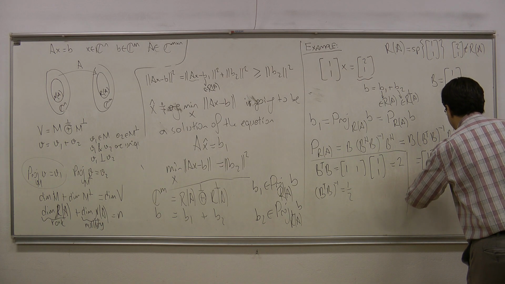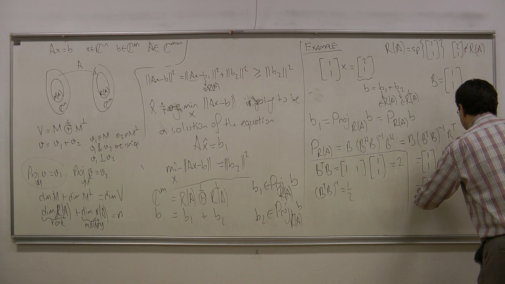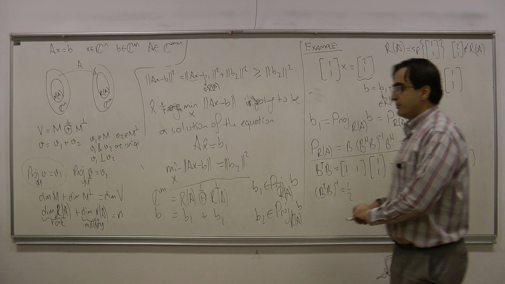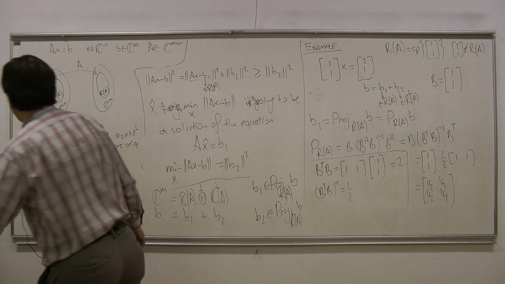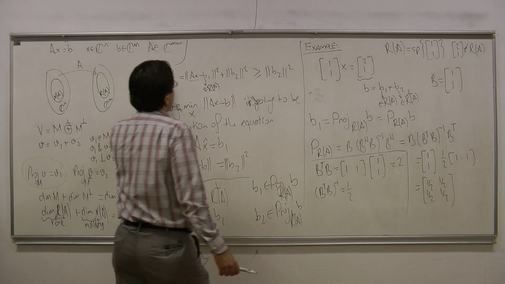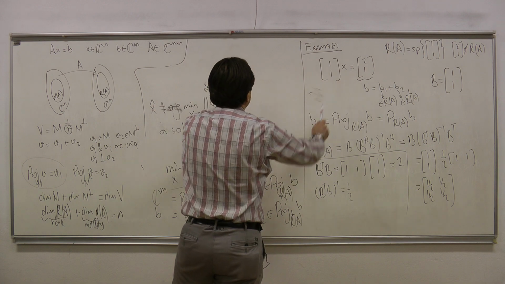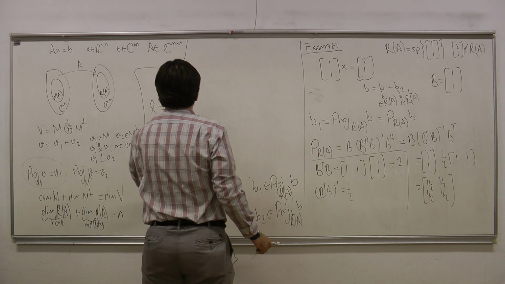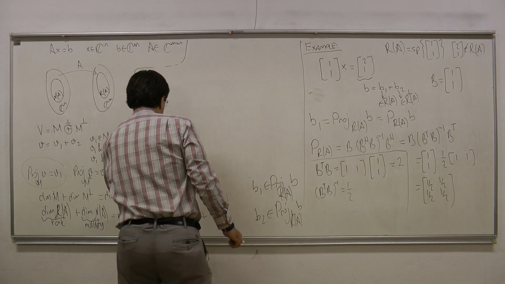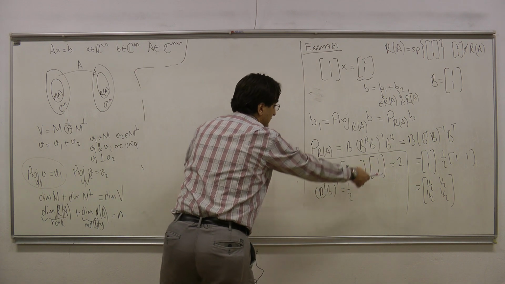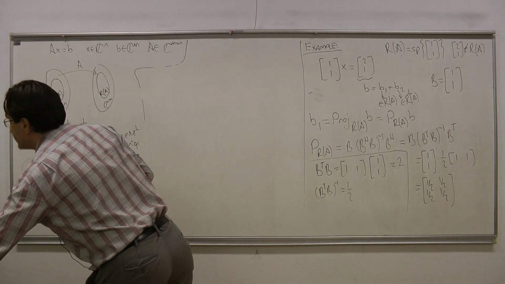That gives me the matrix with all entries 1 over 2: 1/2, 1/2, 1/2, 1/2. So this is my projection matrix in this case. And I can obtain B1 by projecting that B onto our range space, by multiplying with that matrix.